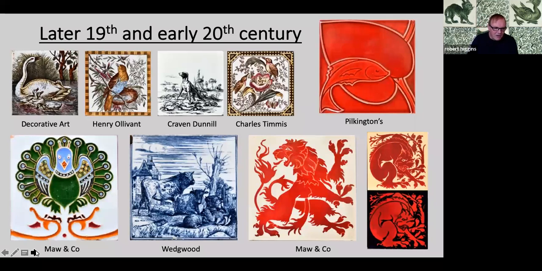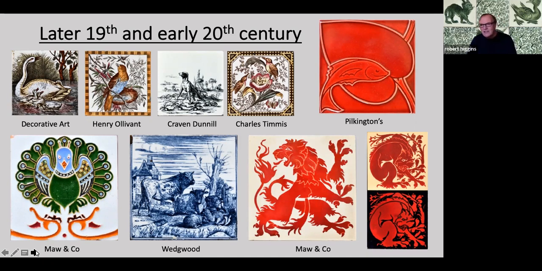Bottom left, another Ironbridge, Shropshire company, Moore. We're getting in perhaps to the early 20th century here, a moulded tile with a stylized peacock, perhaps in the manner of Indian artists.